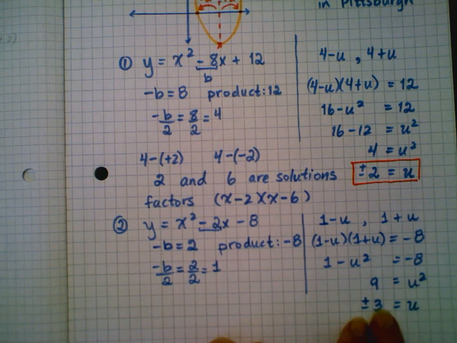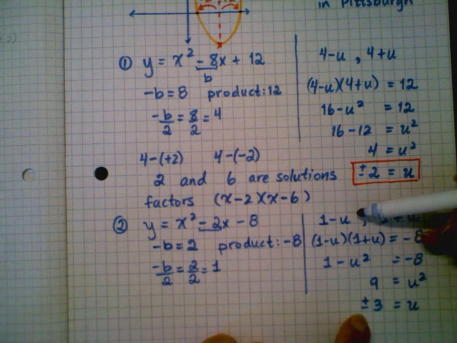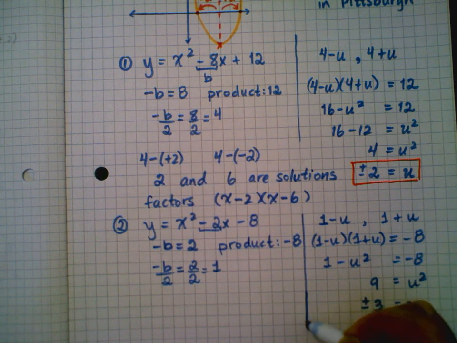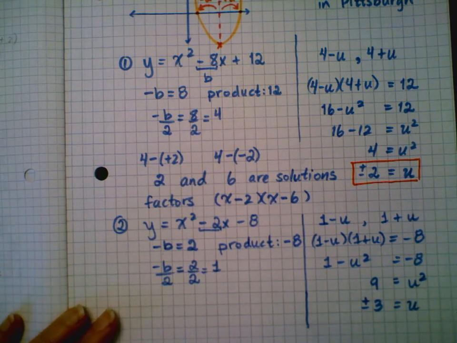So you have a choice. You can take the plus or minus 3 and sub it into the 1 minus u statement as I did above, or you can sub it into the 1 plus u. It doesn't make any difference. I prefer to use the addition one, just because addition is a little bit easier. You're less likely to make a mistake with the positive and negative values.